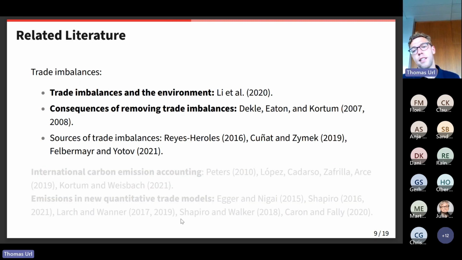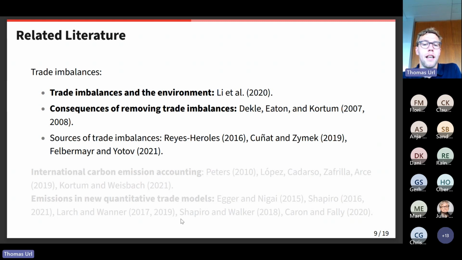So how does this relate to the existing literature? There's not much work on the environment and trade imbalances. There's one paper by Lee and co-authors who look into the bilateral trade imbalance of the US and China and its environmental impacts. We add to this, obviously.